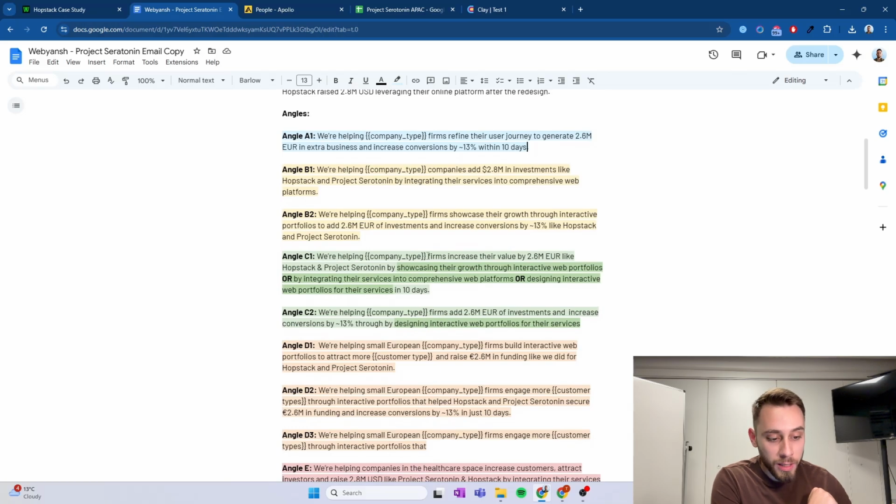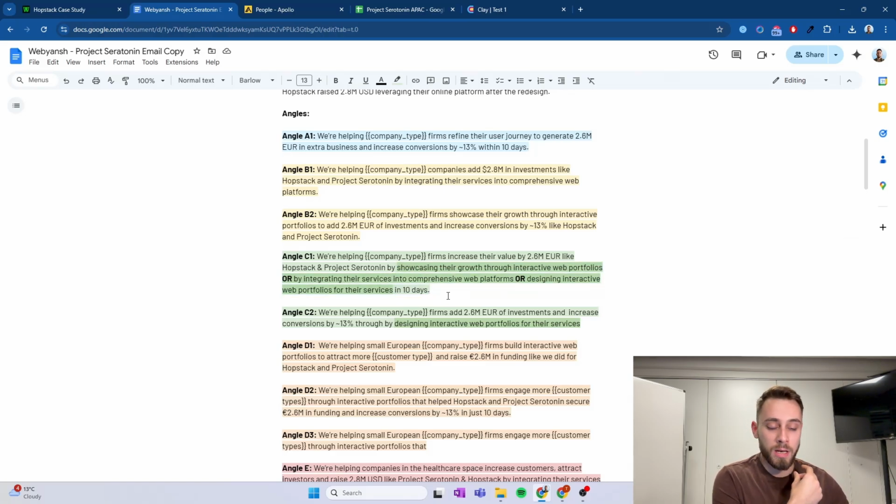We're helping healthcare firms increase their value by 2.6 million euros, like Hopstack and Project Serotonin, by showcasing their growth through interactive web portfolios, or by integrating their services into comprehensive web portfolios. Or you can even do it by designing interactive web portfolios for their services in 10 days.